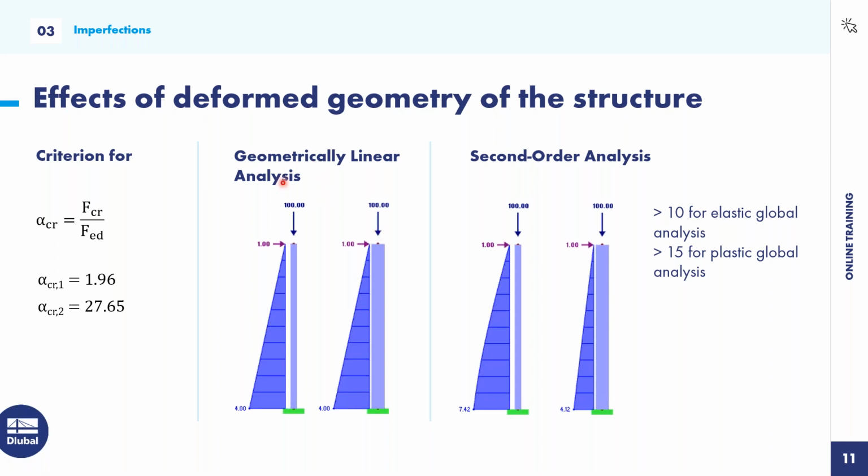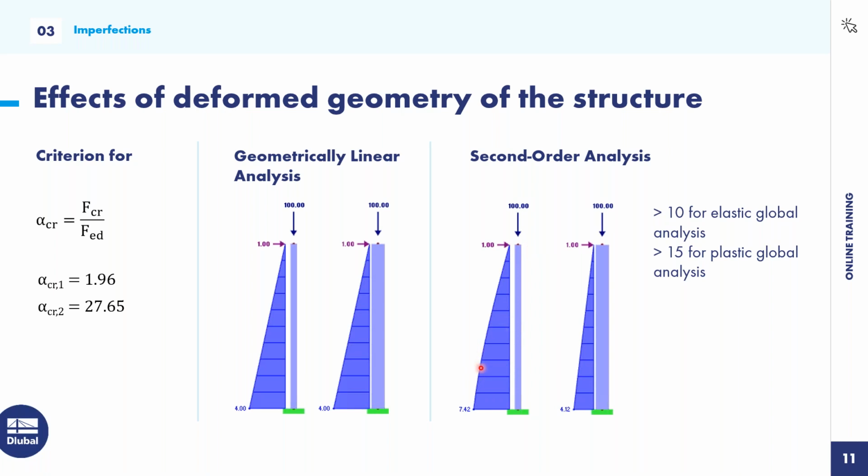When I perform a geometrical linear analysis, it makes no difference if I have a slender column or a really thick column. The results are, according to a first order analysis, the same. But when I perform a second order analysis and I have a very thin column and on the right side a very large column, then it makes a difference, because the slender column receives significantly more bending moment at the base point, since the head deformation is also much more.